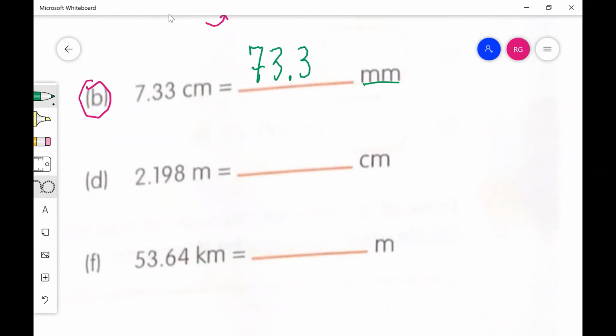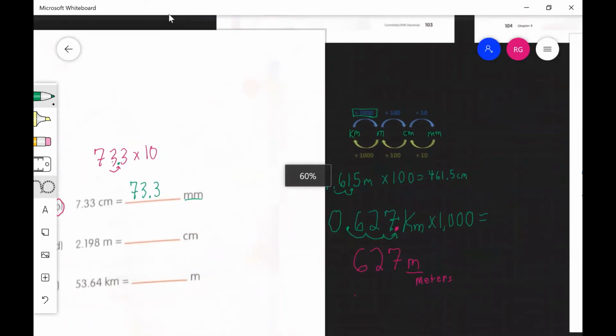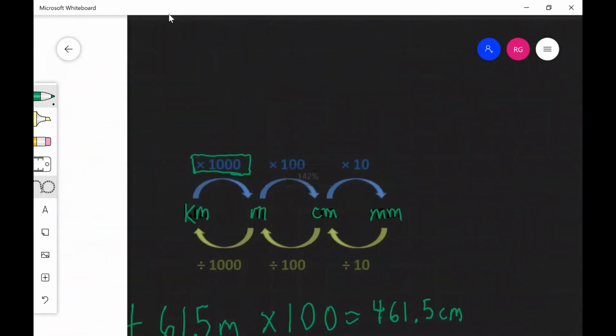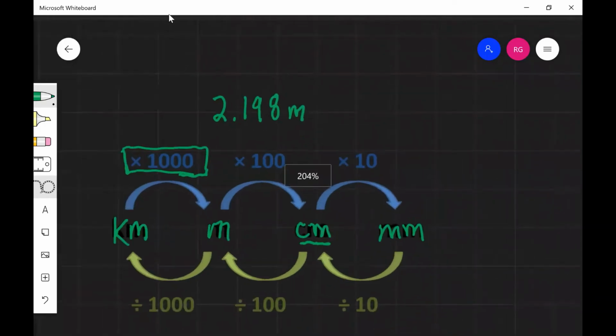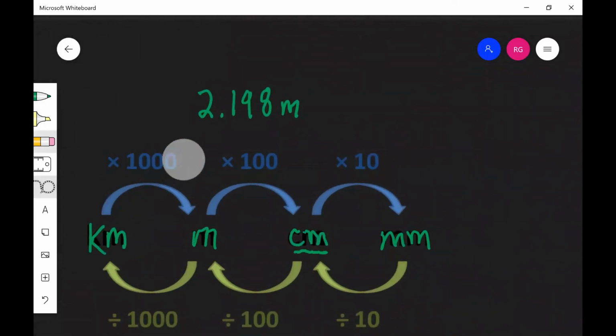Next, 2.198 meters equals how many centimeters? Well, we're going from meters to centimeters. This is a really handy chart. What should we multiply by, guys? 100.